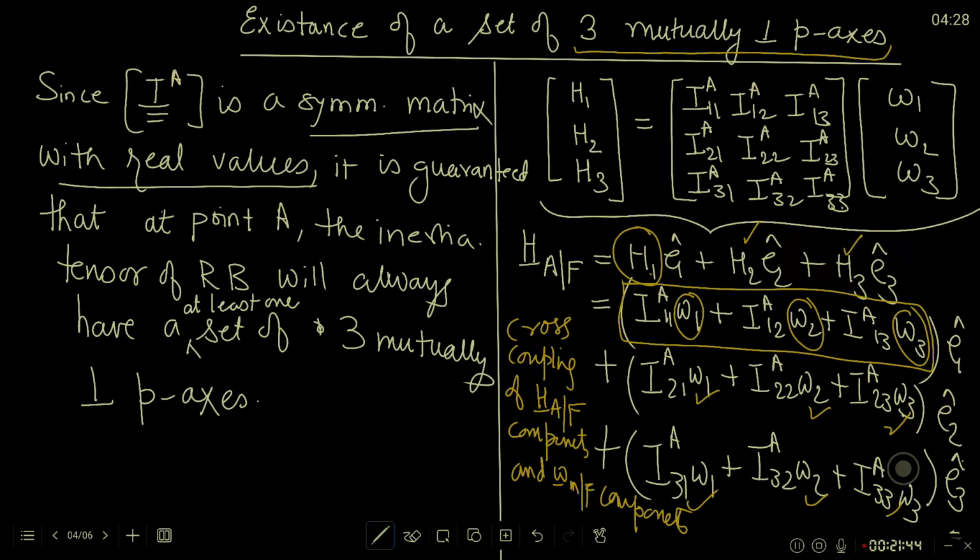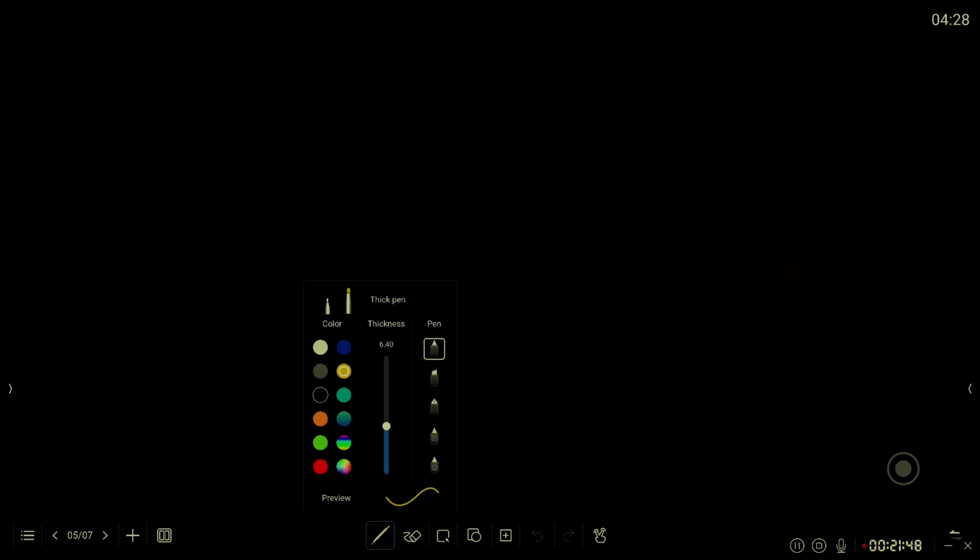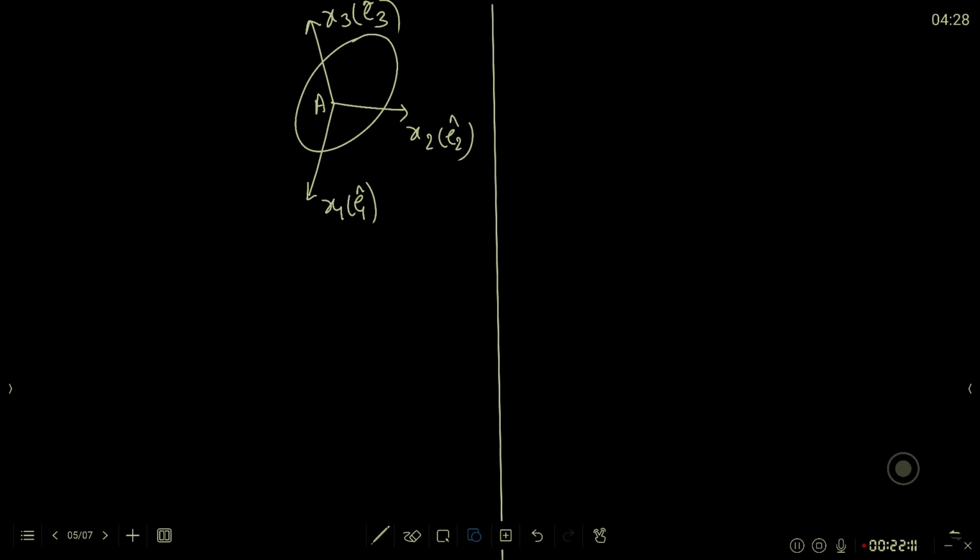So my working coordinate system, I go to point A, I set a working Cartesian coordinate system, like this, right?